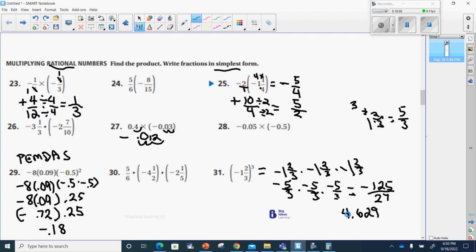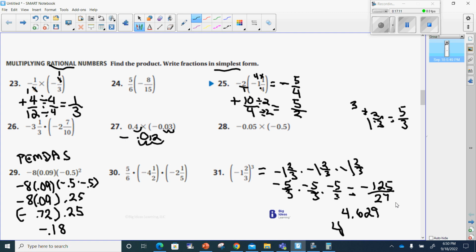All right, so that tells me 27 goes into 125 four times, right? Remember, we want to write this as a fraction. It says write fractions in simplest form. That means I have 629 out of 1,000 left over. Wow. Okay, how can I write this as a fraction though?